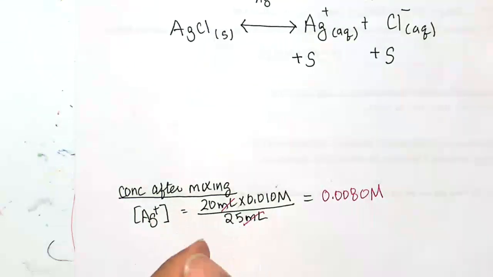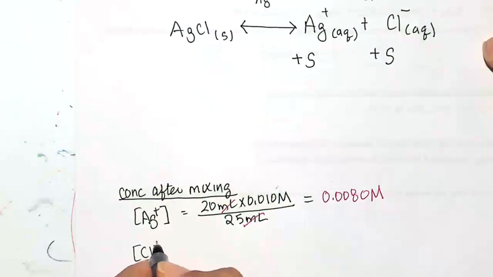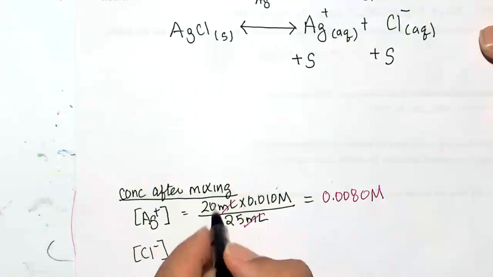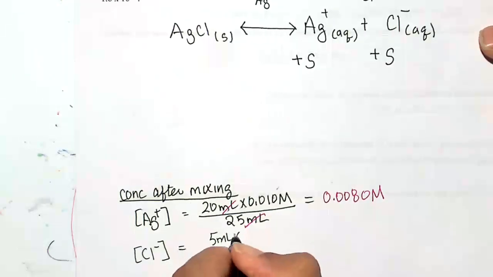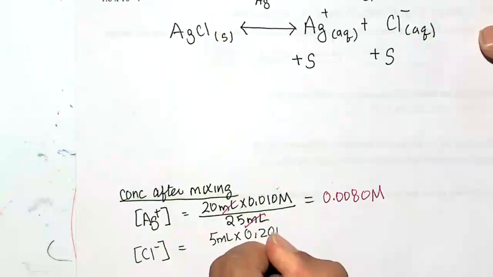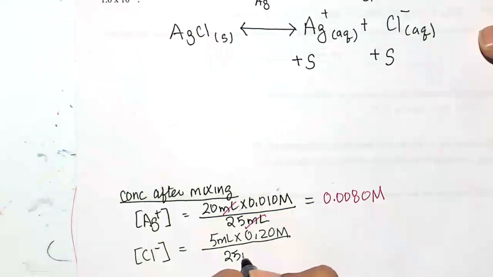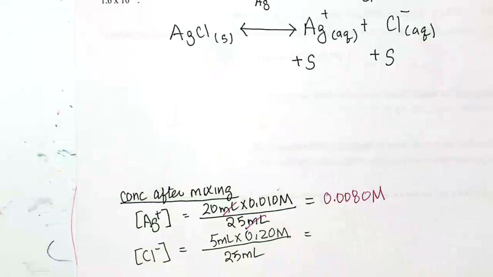And then we'll do the same thing for Cl minus. What do we have here? We have 5 mLs times 0.2 molar divided by 25 mLs.